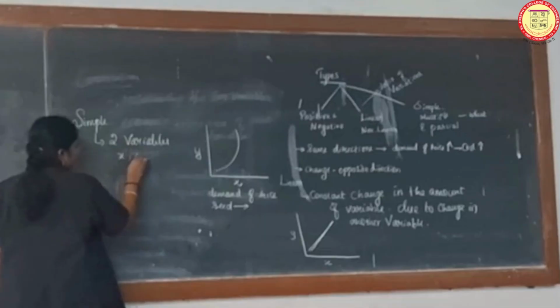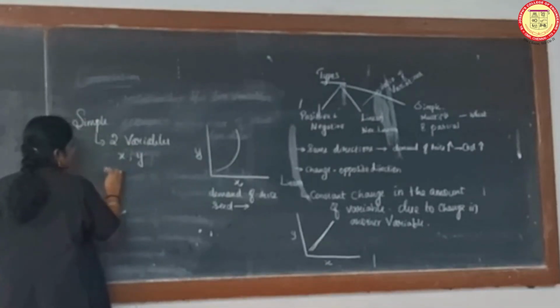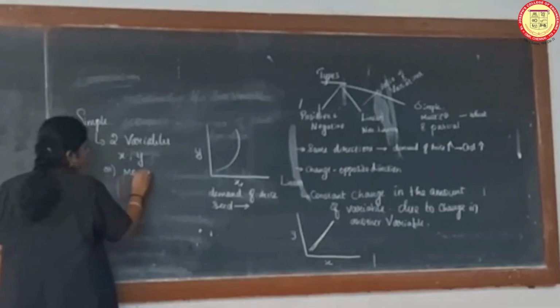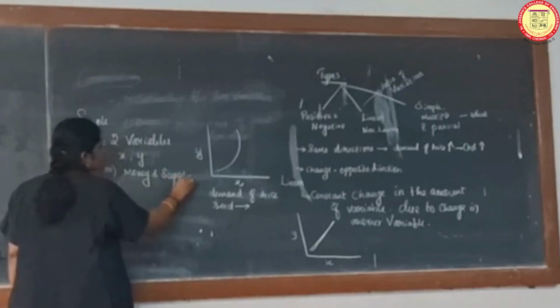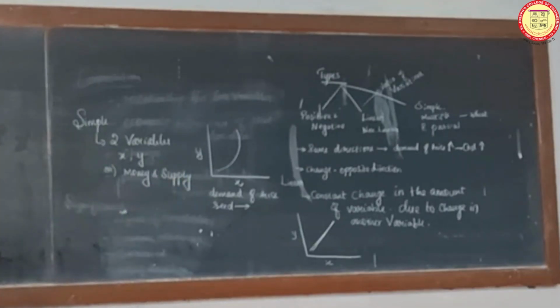So x as well as y, or the example is money and supply. Here we are only using two variables, either x and y or money and supply. So this type of correlation is called a simple correlation.